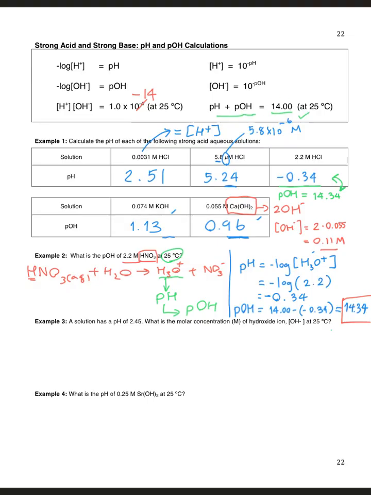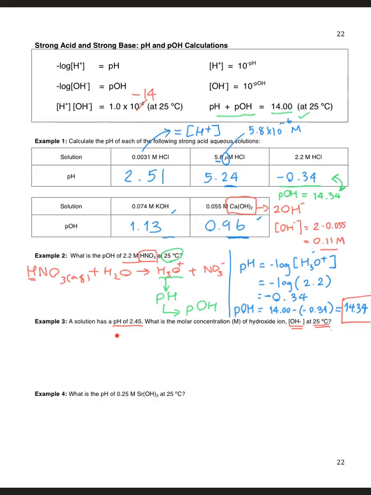Example 3, the problem asks to find the molar concentration of hydroxide ion at 25 degrees Celsius, and also gives us the pH of 2.45. You need to understand that pH is not related directly to hydroxide ions.